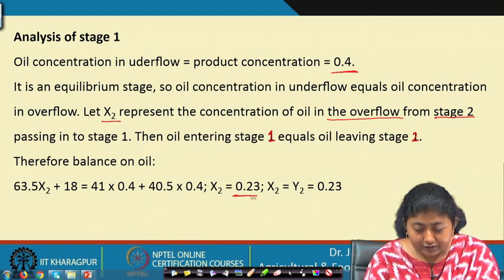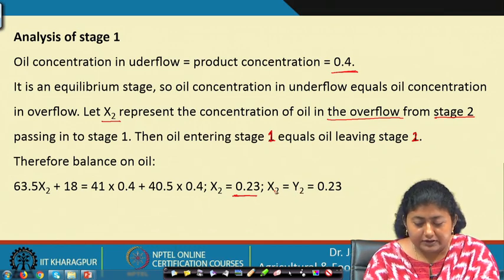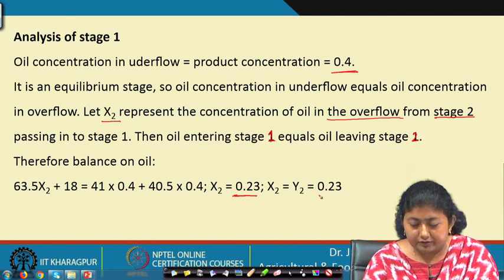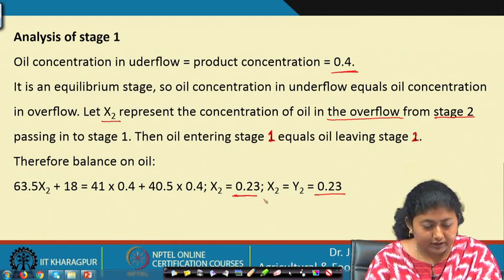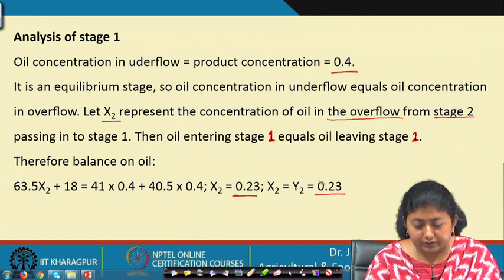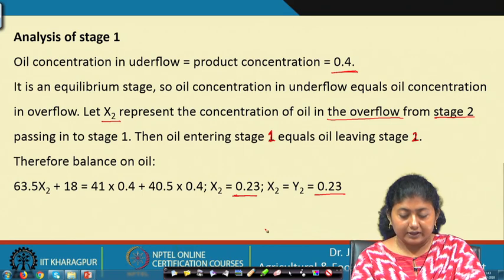Now, since x2 will be equal to y2, because the concentration at equilibrium will be the same in the underflow and the overflow, we are getting 0.23, because this x2 that remains in that stream will now enter the next stage.